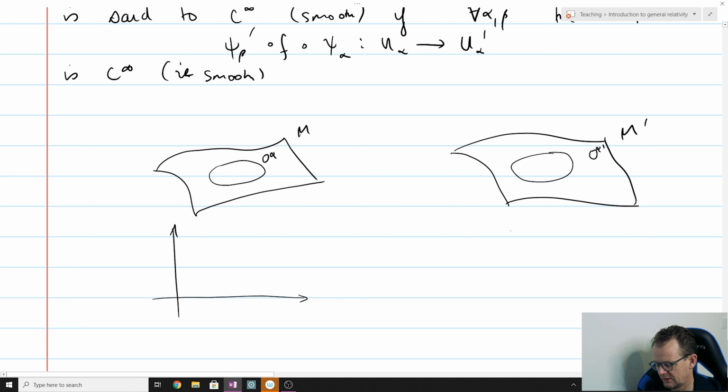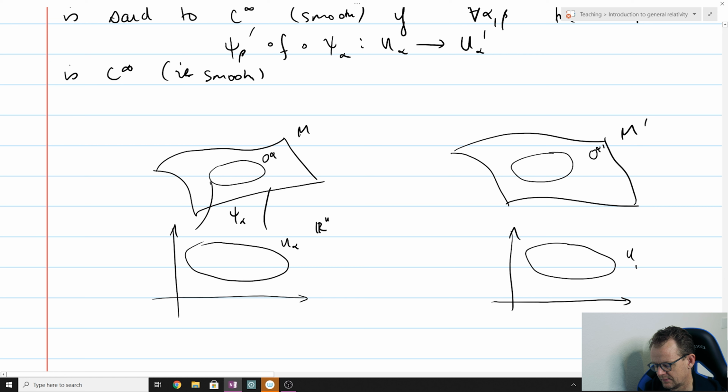Remember, corresponding to any element of our chart, there's our map psi alpha to a set U alpha in Rn, and U alpha prime here, in Rn prime. But the dimensions are going to be assumed the same, by the way. And now we can build the map.